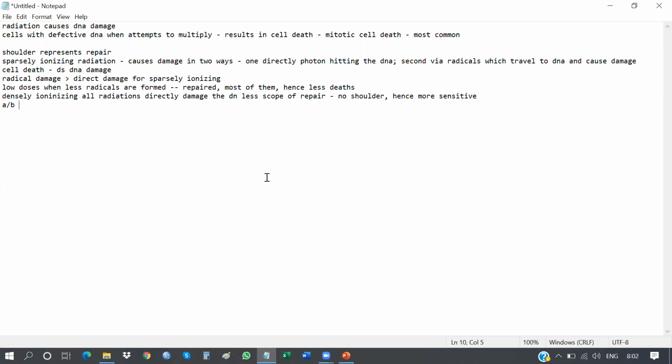Now, tell me, I would prefer if any of the junior most residents in the group answer this: what is the alpha by beta ratio for tumors, usually considered?